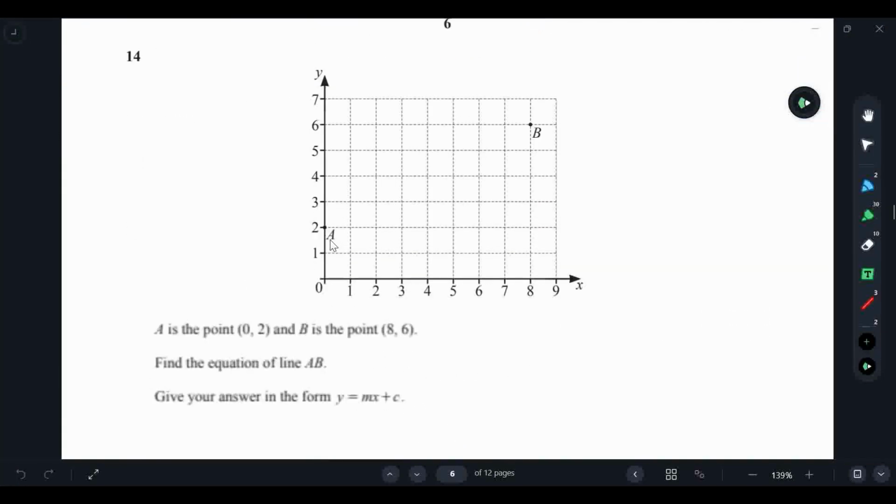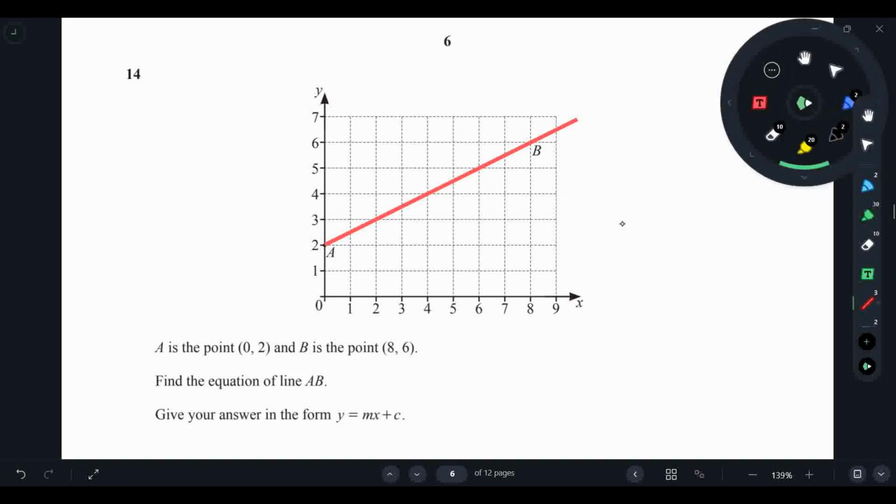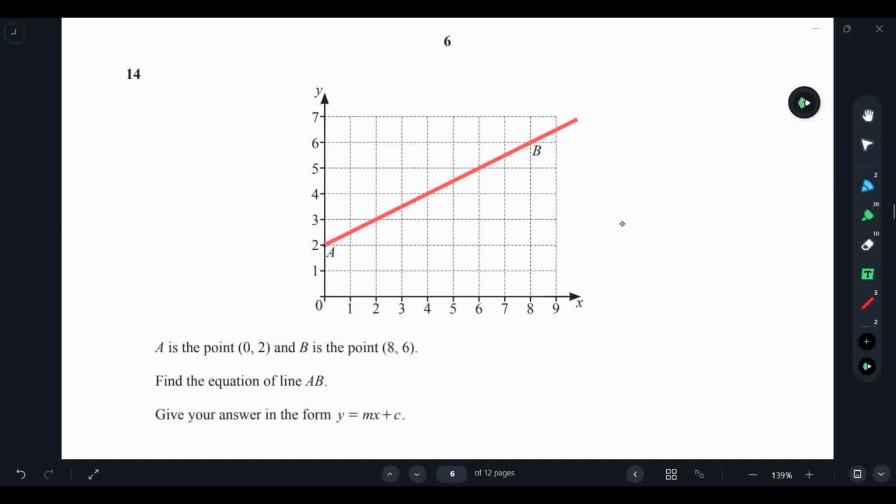Now let's move to question number 14. In question number 14, A is a point, B is a point, find the equation of the line. First of all, we need to see that this will be the line, and we need to find the equation for this line. Now we know the y-intercept also, and here we know how to find the gradient.